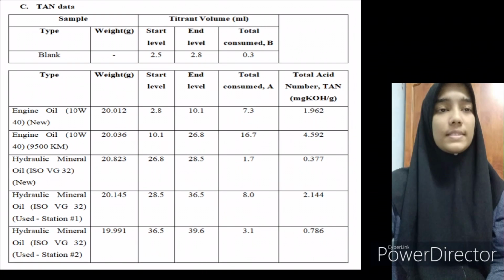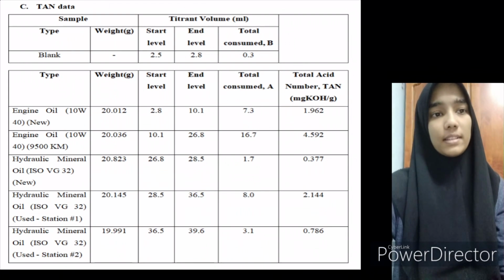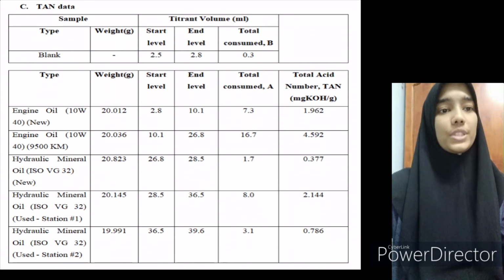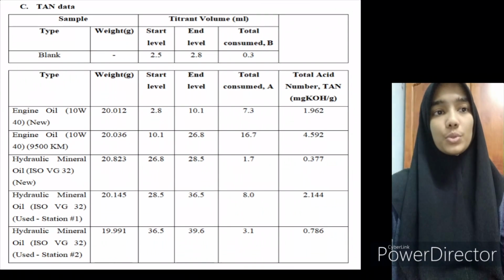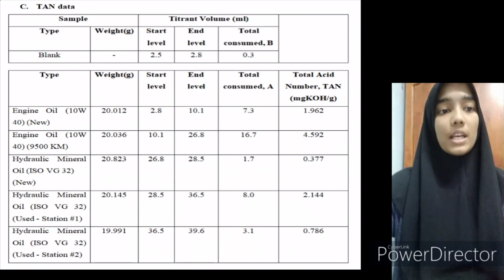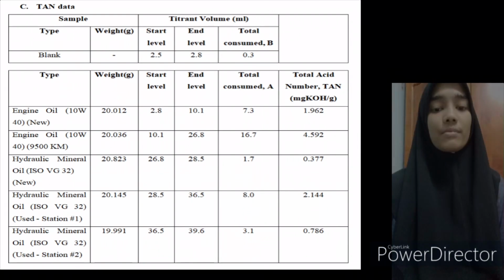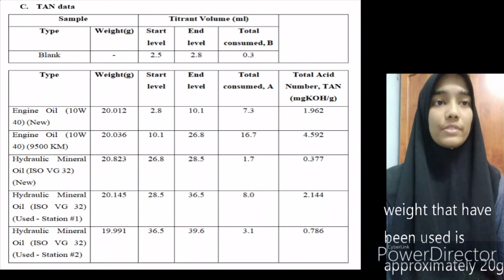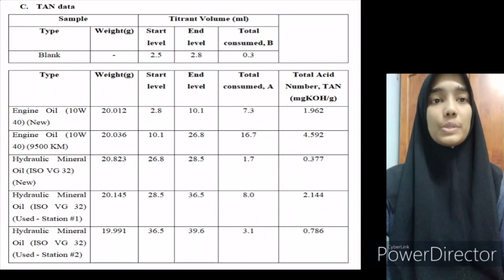Next, for the total acid number data, there are six types of sample, which are blank and other 5: engine oil 10W40 new, engine oil 10W40 that was used for 9,500 km, hydraulic mineral oil ISO VG32 new, hydraulic mineral oil ISO VG32 used at station 1, and hydraulic mineral oil ISO VG32 used at station 2. The amount used for all those 5 types is approximately 20 gram.